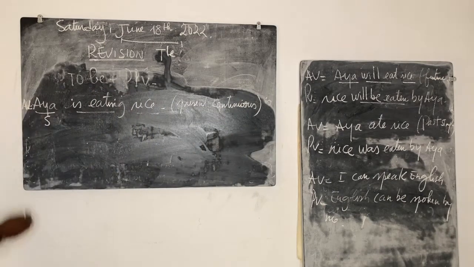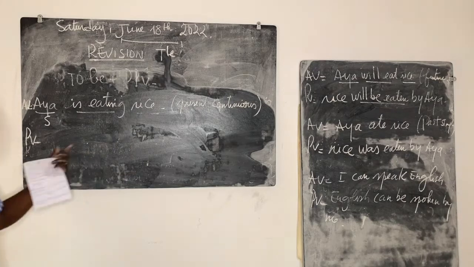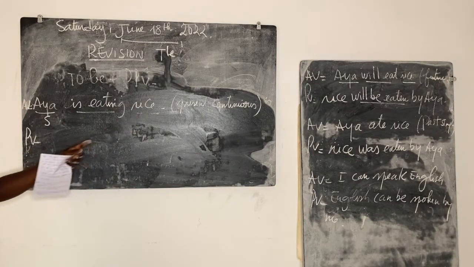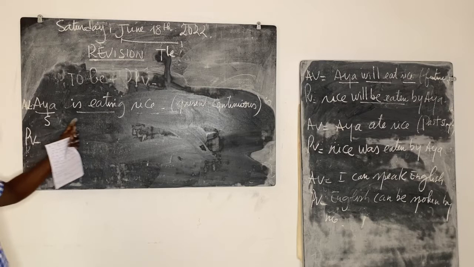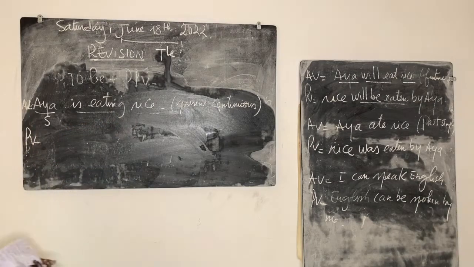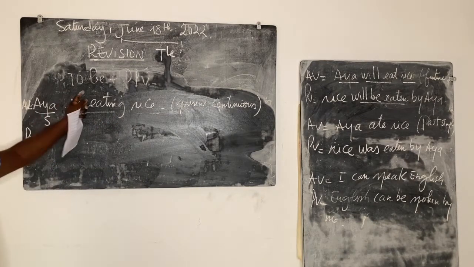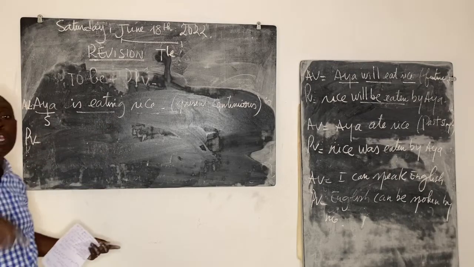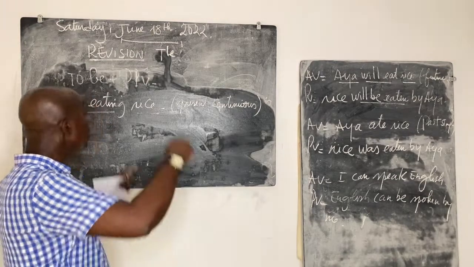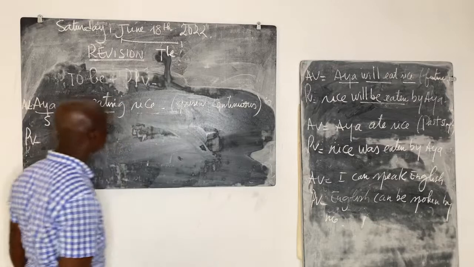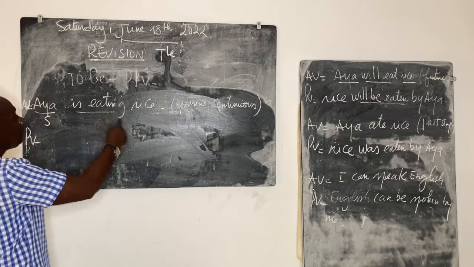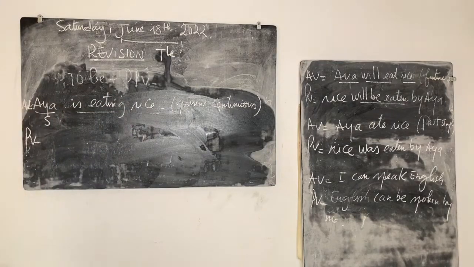In passive voice, as I said a few minutes ago, the object becomes the subject and the subject becomes the object. And our to be is going to be conjugated in present continuous plus the past participle of the verb in active voice.